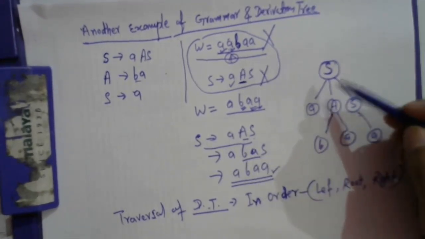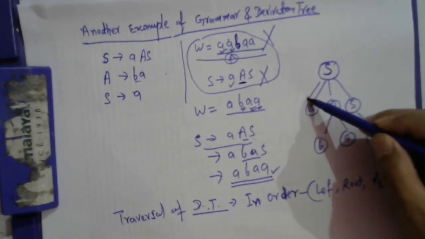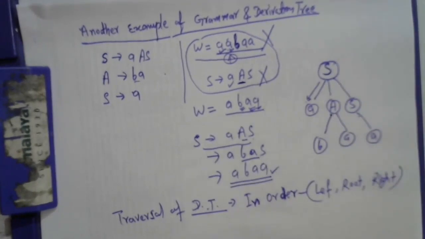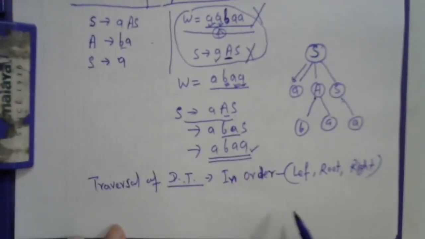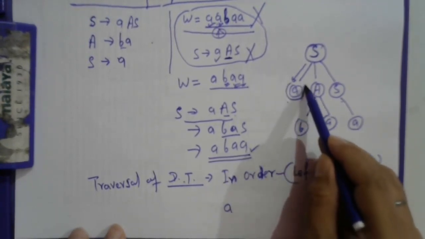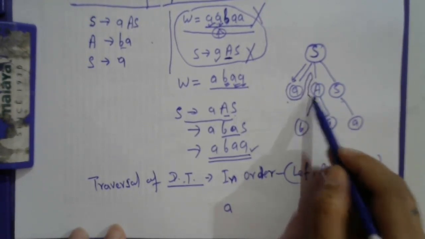First we start from the root, then go left. Going left, we get the first leaf node A, so you write A here. Then you go again to the root, then right. Again there is a variable, an internal node.